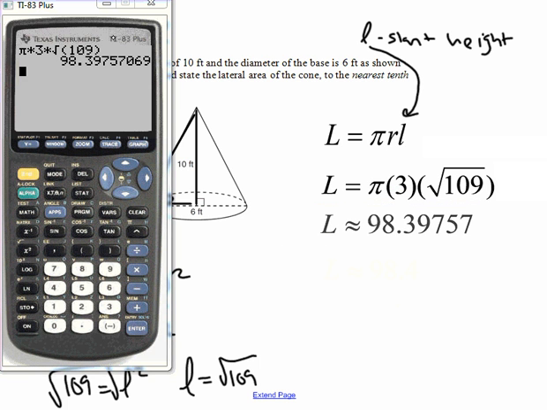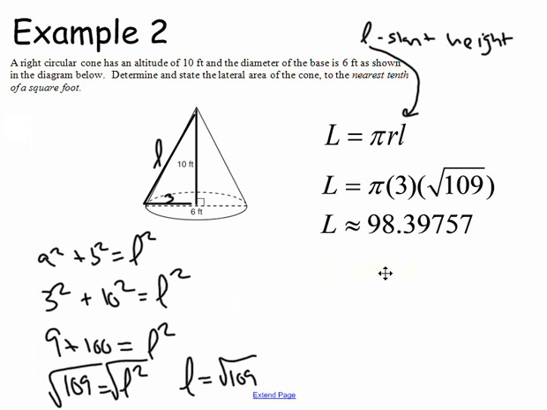For the last part, it says to round to the nearest tenth, so that's 1 decimal place. So you're going to get L equals 98.4. That's your final answer.